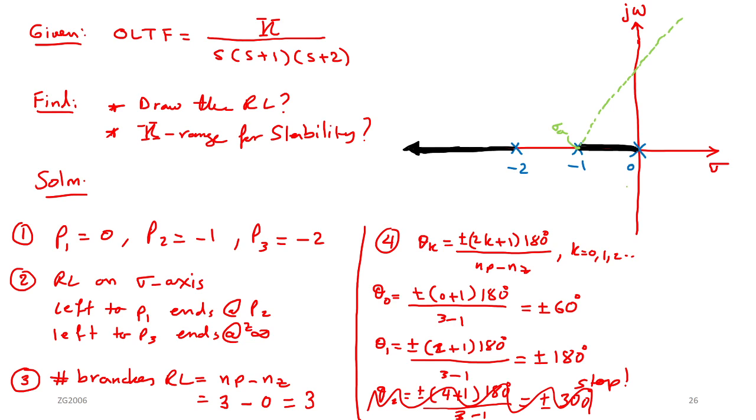This is more like 60. Plus 60. Minus 60. Okay. And plus or minus 180. This is here. Right? Now clearly plus or minus 180 is the asymptote of this branch, right? So we don't need it. Okay. So this is plus 60.